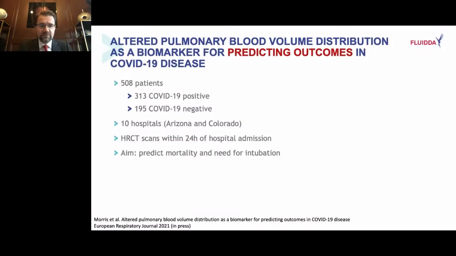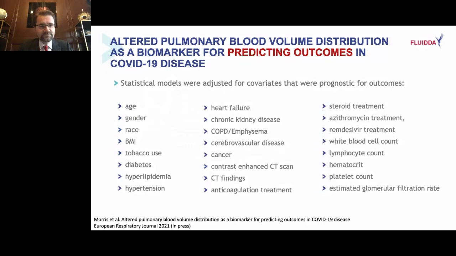We enrolled about 508 patients. We included COVID-19 positive and negative patients, a multi-center study, 10 hospitals. We took the HRCT scan within 24 hours of hospital admission, and we tried to predict whether a patient would die or would require intubation. We corrected for anything that could influence the outcome, such as the anticoagulant treatment, steroids, remdesivir, and so on.